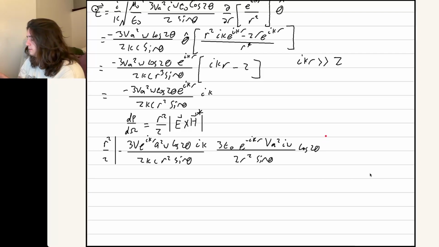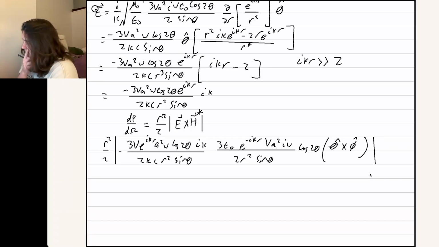And then the things that you're actually taking the cross product of is just theta hat cross phi hat, which has the result of minus r hat, so everything is good there. Then the magnitude is r squared over 2 times the positive version of this stuff. So 3 squared is 9, we'll have v squared, the e's will cancel out, you'll have a to the 4th, you'll have omega squared.